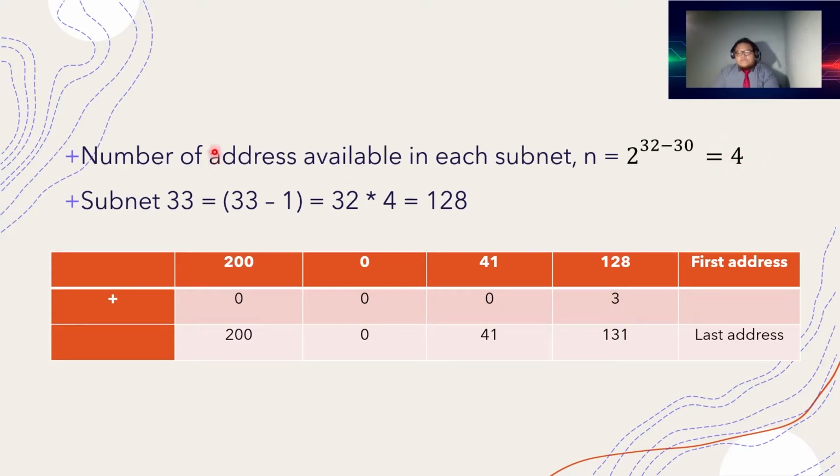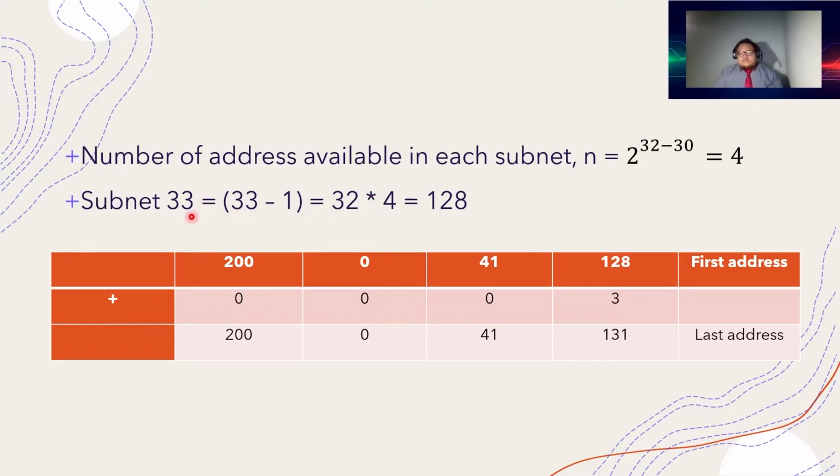So in the subnet calculation, for the byte that we're going to add into the first address in the fourth byte, we are using subnet 33, because if we use a subnet number less than 33, we are going to get an overlapping IP address.